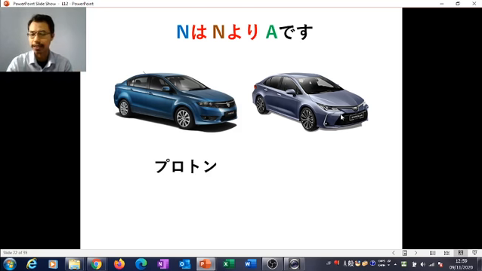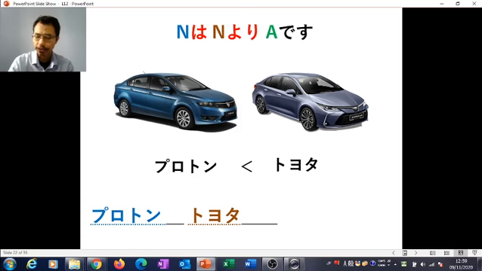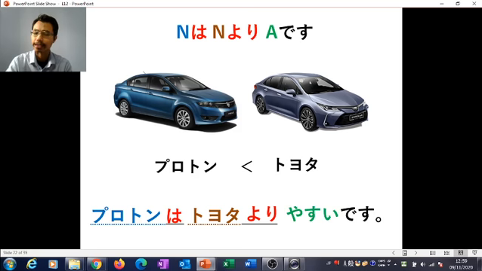You want to say Proton is much cheaper compared to Toyota. So you can say, Proton wa Toyota yori yasui desu. So now the benchmark is Toyota. You want to analyze whether Proton is more expensive or cheaper compared to Toyota. So Proton wa Toyota yori yasui desu.